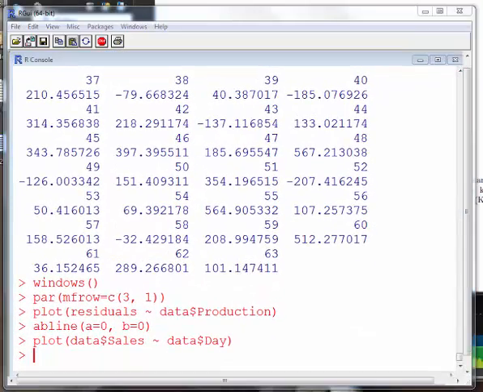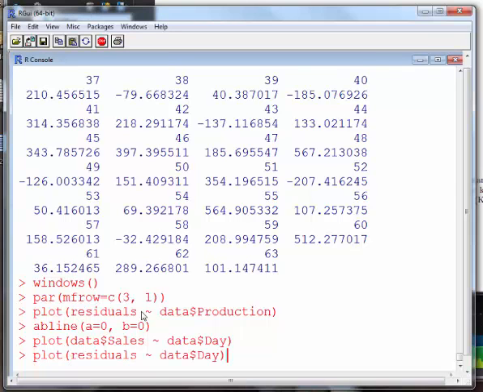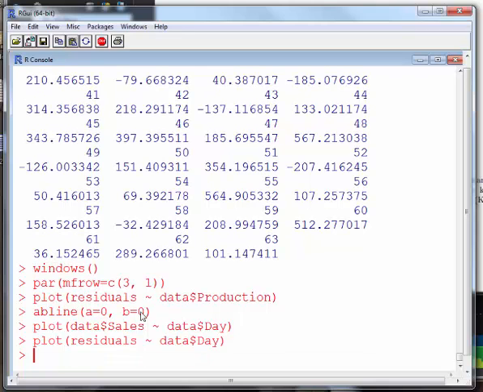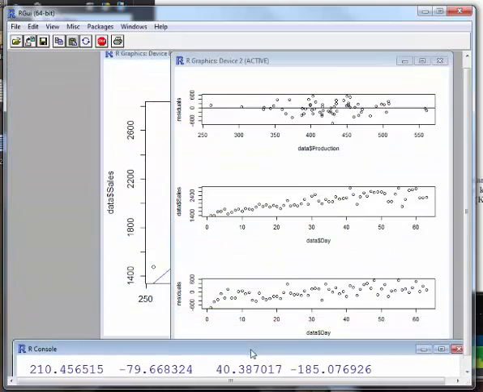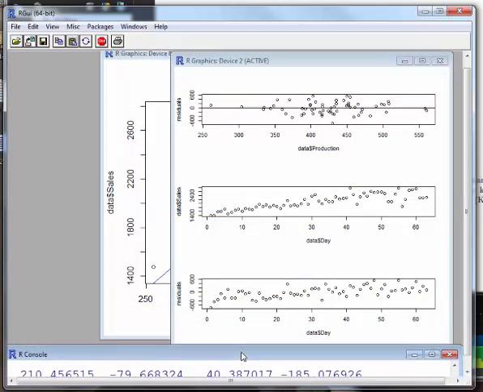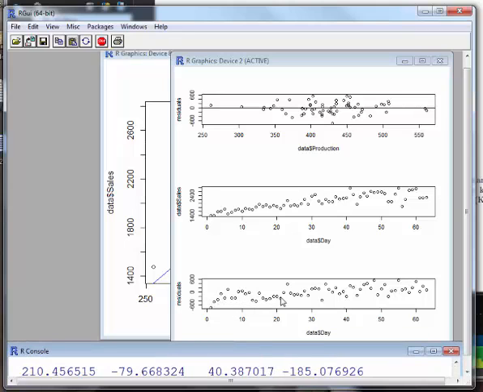There are really 3 variables here that sort of seem to matter. We haven't really talked about how to treat 2 of 3 variables as predictors yet, but that's definitely coming. Let's now take a look at the residuals versus the day. Again, you sort of see the trend there. These residuals, by the way, are the ones from when we looked at sales versus production.